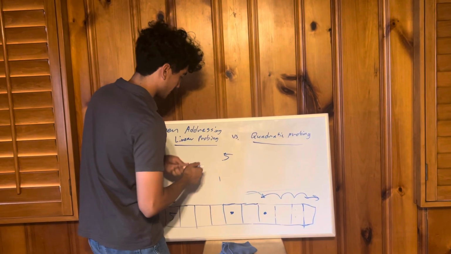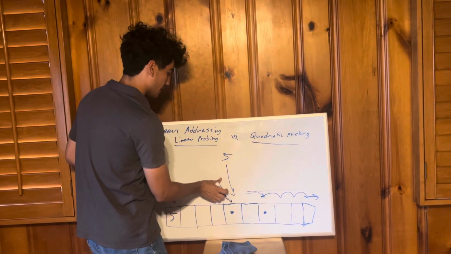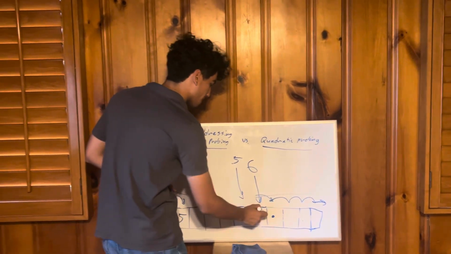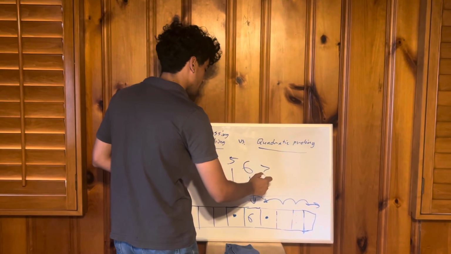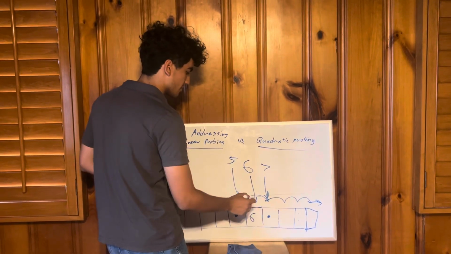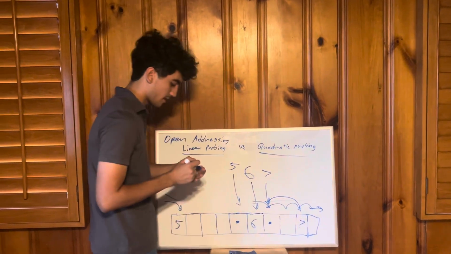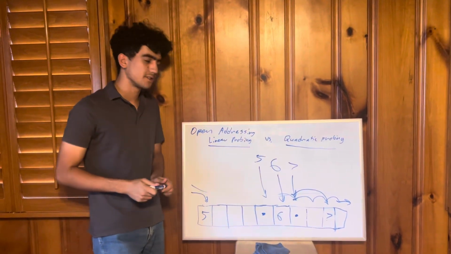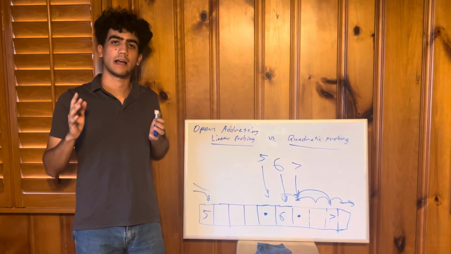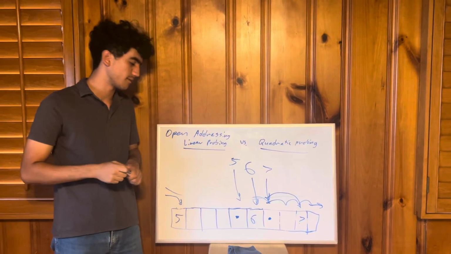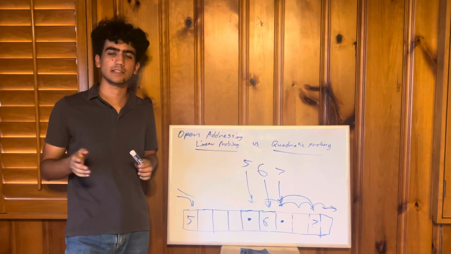Oh, sorry, not done with the example. Okay, now let's put in 6. So 6 would go here, okay. Then 7 collides with this spot, so we go over 2, and the 7 goes here. So now, as you can see, our hash map has a more spread out value set, so less clustering.